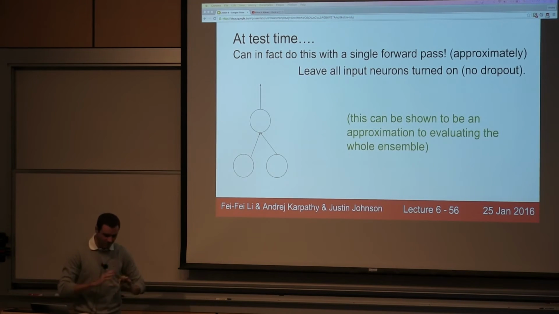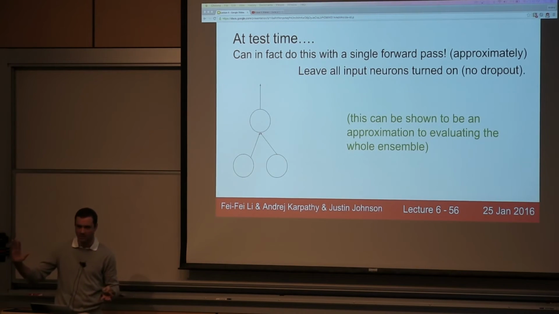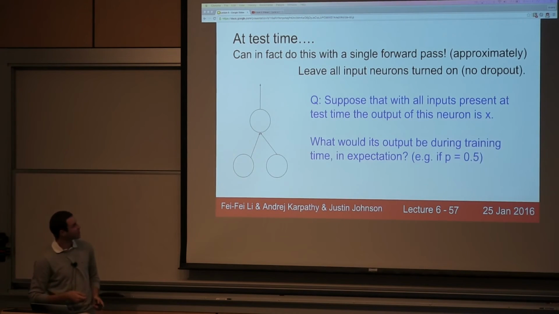So in a forward pass for test images, we're not going to drop any units, but we have to be careful with something. Basically, one way to get at what the issue is: suppose that this was a neuron, and it's got two inputs. And suppose that with all these inputs present at test time, so we're not dropping units, these two have some activations, and the output of this neuron gets computed to be some value x.